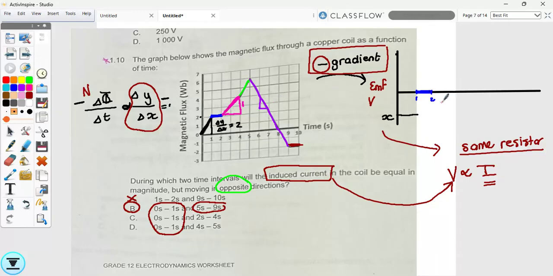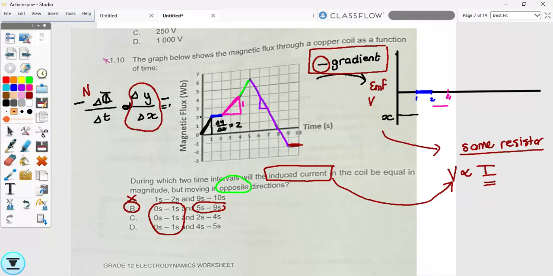So because it's positive, this one must be negative, and it must be half of what this one was. Does that make sense? Okay, so I'm going to draw it like that. It's only up to that little point there because it changed there, by the green one. So it's only there up to 4, sorry. From 2 to 4. Yeah, from 2 to 4. So all the way to 4.